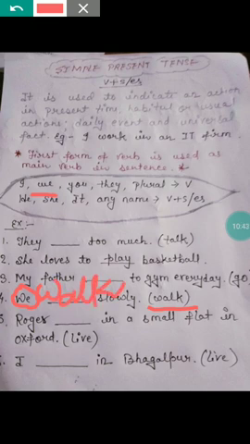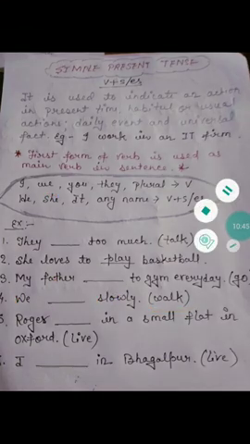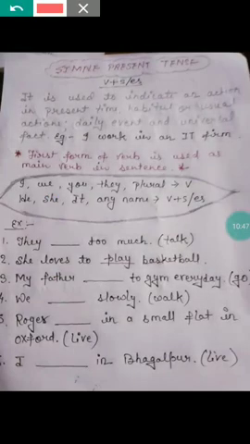Okay, then the next one is again Rosa dash in a small flat in Oxford, right? And the verb is live. It's a name, or any kind of name. If it's a single name, then what will happen? We have to add s or es to that verb, right?